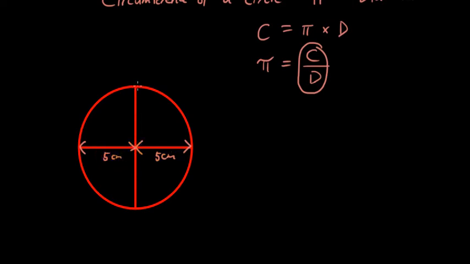But there is no way for us to find out the circumference of the circle exactly unless we use pi, right? Because the circumference is equal to pi times the diameter. So we need pi in order to find the circumference. So that is no good for us.